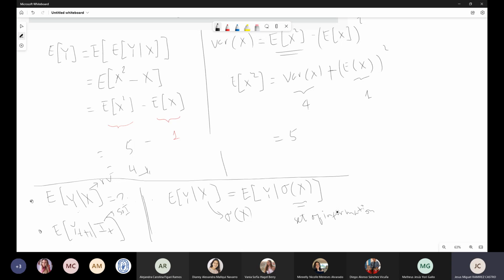Entonces, por ejemplo, si yo tuviera algo como esto, conditional expectation of X given Y, conditional expectation of ... esto va a ser, pongamos, siempre que el set of information generado por Z esté incluido dentro del set of information generado por Y. Entonces estamos frente a la misma propiedad.